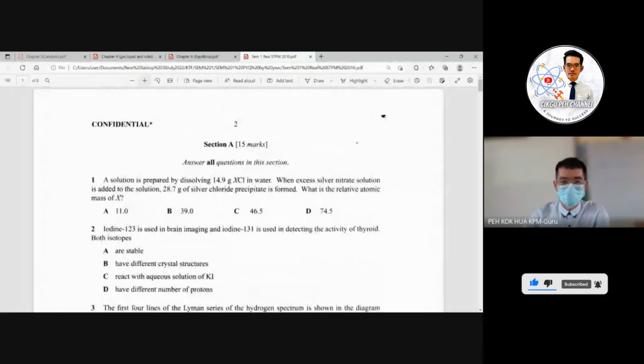The solution is prepared by dissolving 14.9 grams of HCl in water. When excess silver nitrate solution is added to the solution, 28.7 grams of silver chloride precipitate is formed. What is the reaction?